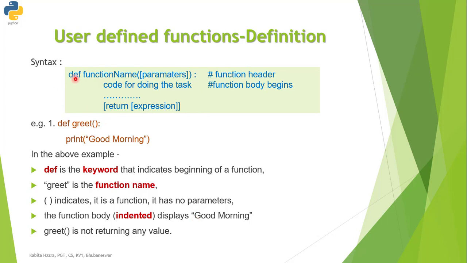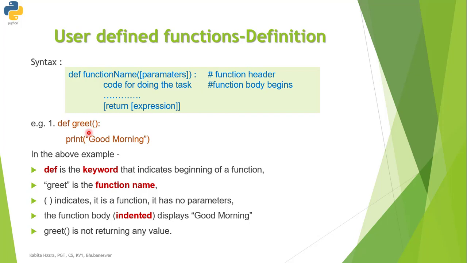See, this is the def keyword, then the function name, then the parameters, which are optional. This first line of the function definition is known as the function header. Then whatever code we have inside the function is called the function's body, and we may return some result from the function.